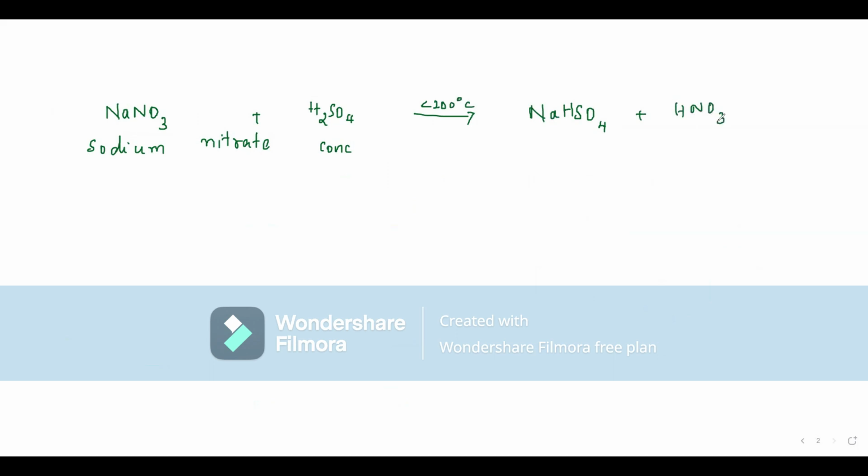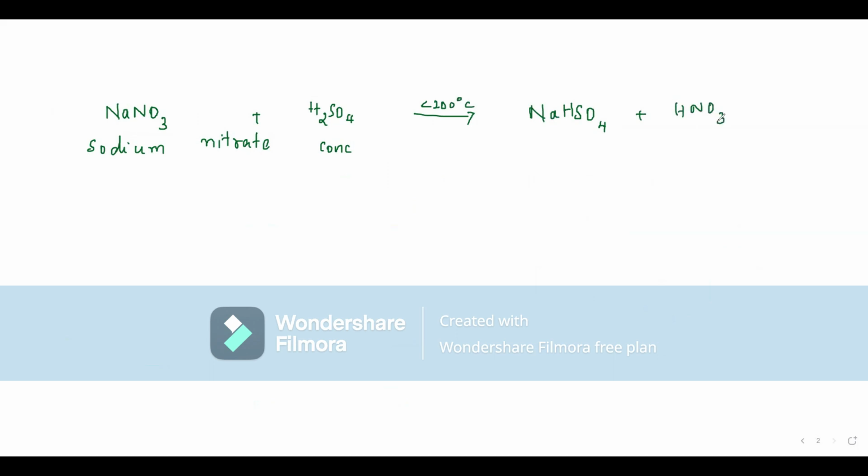Now, nitric acid is also prepared by a similar method. Here, instead of NaCl, use NaNO3, sodium nitrate. Sodium nitrate is treated with concentrated sulphuric acid at the same temperature, slightly below 200 degrees Celsius, and you will get NaHSO4, sodium bisulfate, along with HNO3, nitric acid.